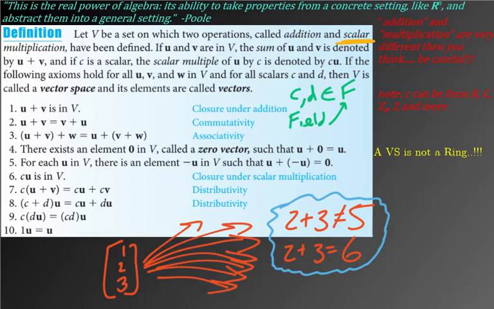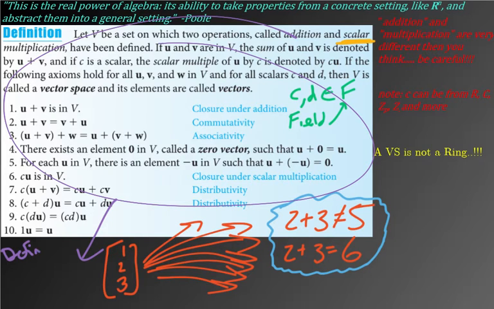So really, the best way to think about this definition is that it's defining a vector space over Rn. Typically, in linear algebra, we think of vector spaces over the field of the reals, but they don't have to be.